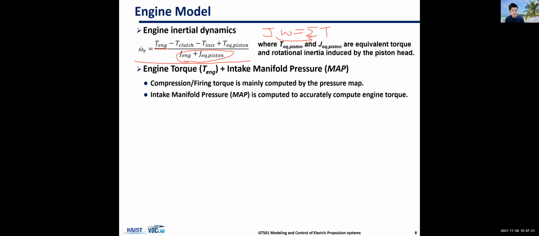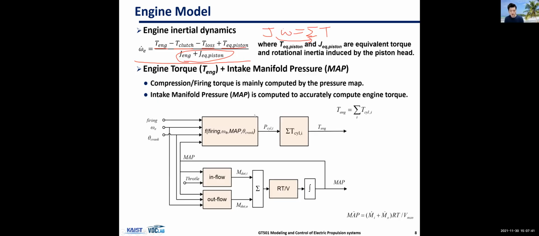Here's engine generated torque, clutch torque, some losses and some piston generated torque. And this is how the model looks like. So now it gets a little more tricky, right? Complicated.